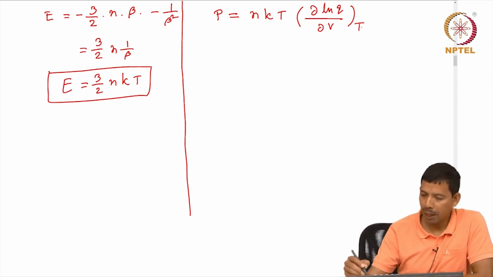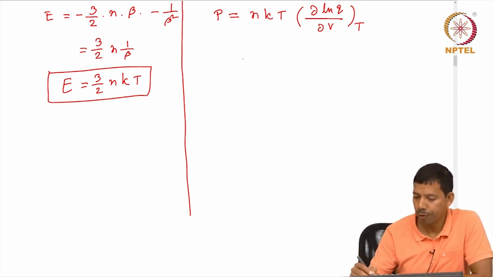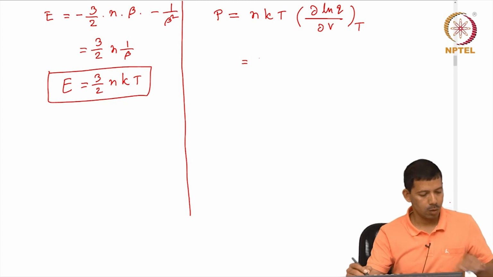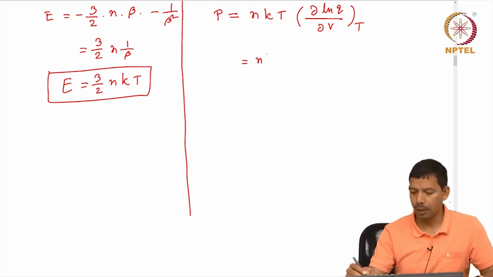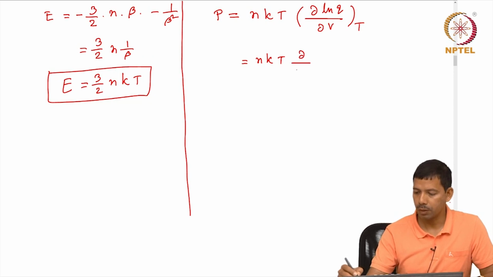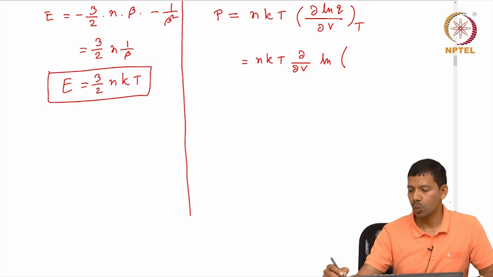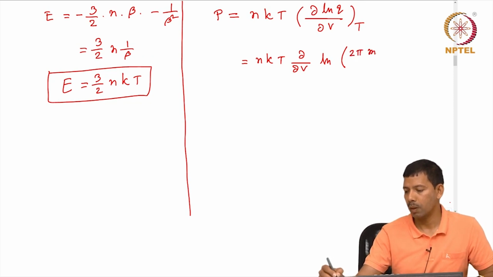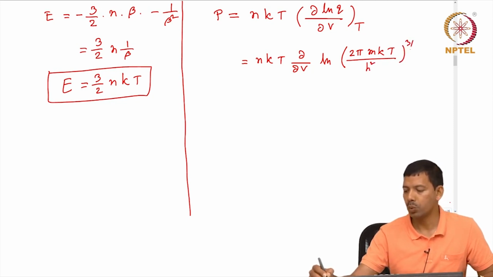Now if we put back Q for the monoatomic gas, we simply get N kT del by del V of ln (2 pi m kT by h square) to the power 3 by 2, and we had a volume term.